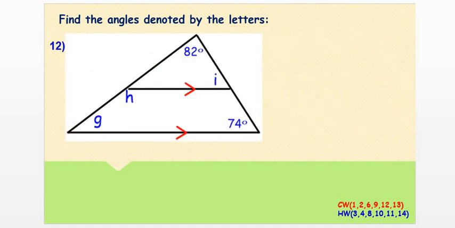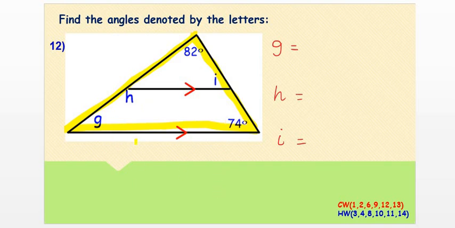Now here is question number 12, and they want you to get the values of G, H and I. So first of all, find the value of angle G, then angle H, and then angle I. To find angle G, I think it's very easy because we have a large triangle, this one, in which two of the angles are given, and you can find the third one very easily, right?